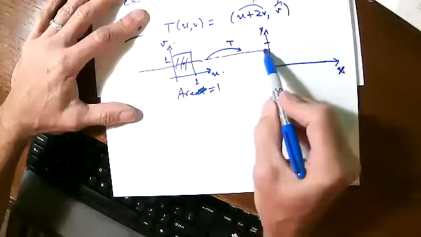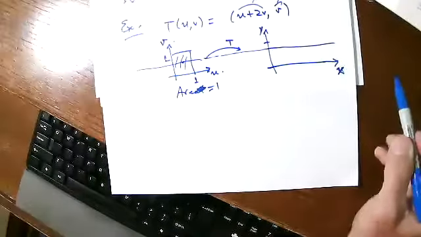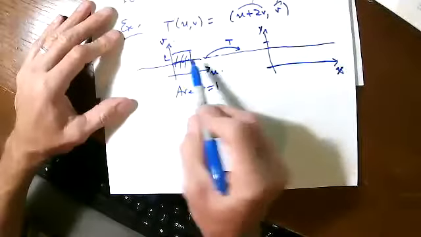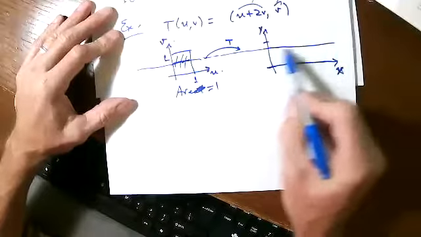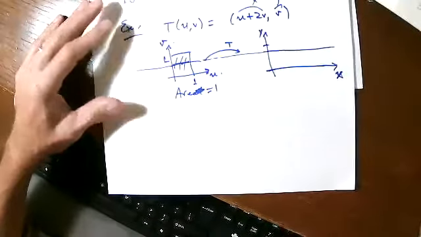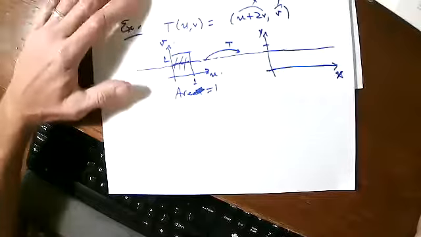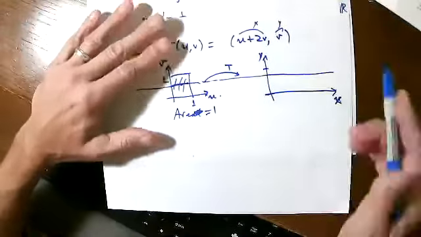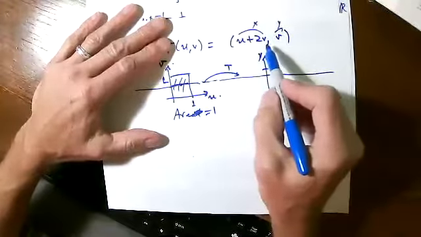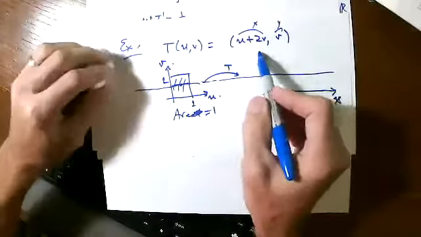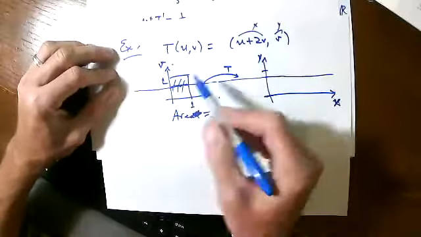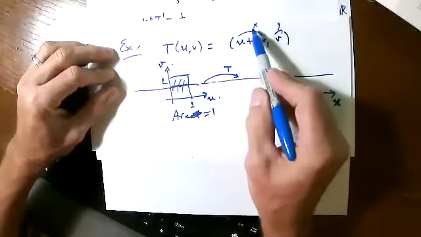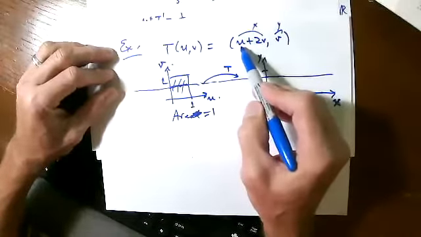Well, all those points will have the same y coordinate. So every point that's on this line segment will just be shifted to somewhere else on this horizontal line. But where exactly are they going to go? Well, based on how high you were, your x-coordinate will be shifted from your u-coordinate.